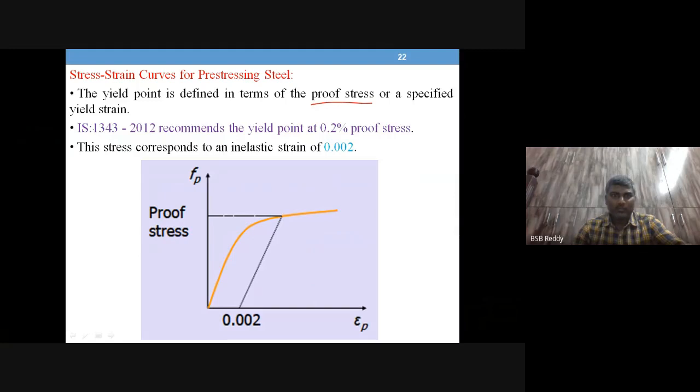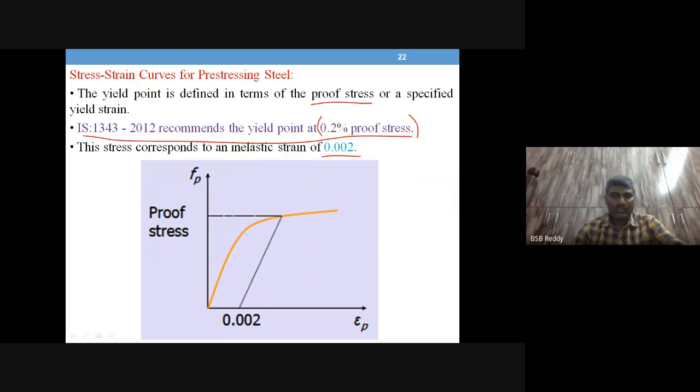The IS code recommends the yield point will happen at 0.2% proof stress. That means the stress corresponds to a strain of 0.002.